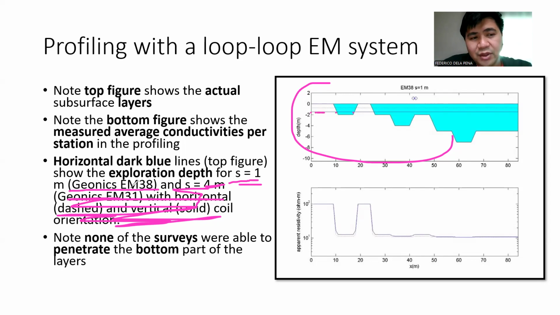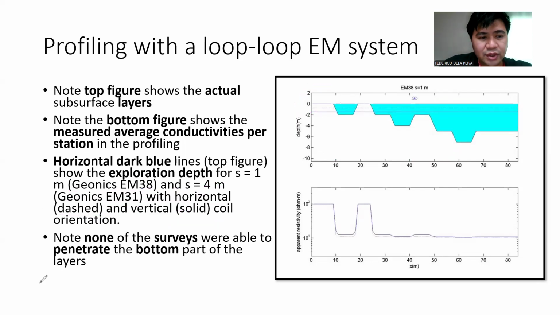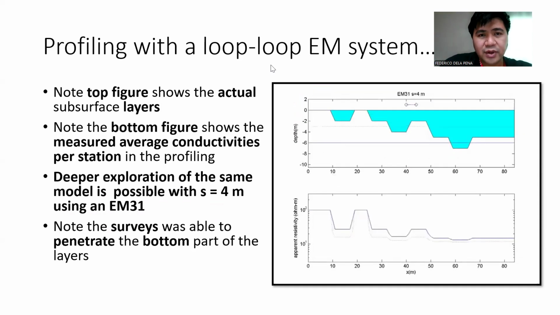Okay, so this is EM38 VCP. This one is EM38 HCP. Okay. Sorry for the confusion. This one is EM31. Okay. Spacing of 4. At VCP, you can penetrate 6 meters.